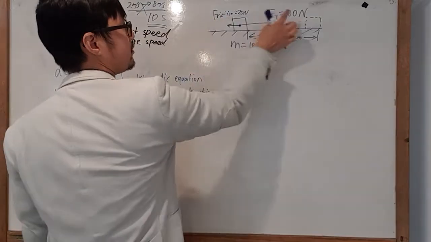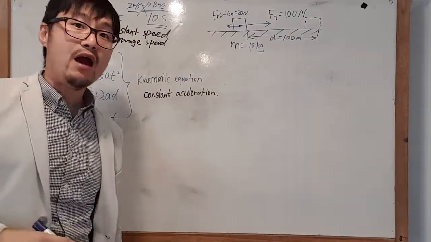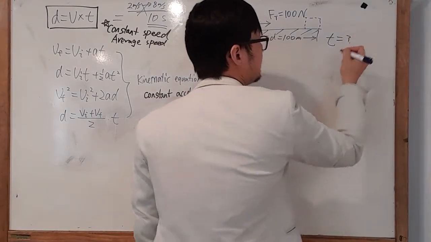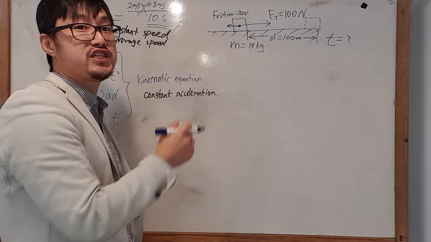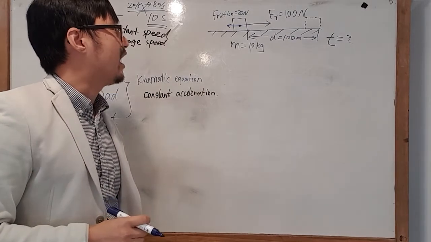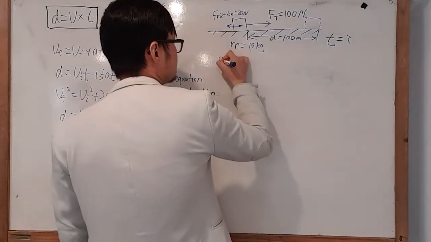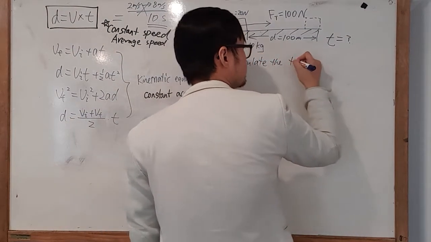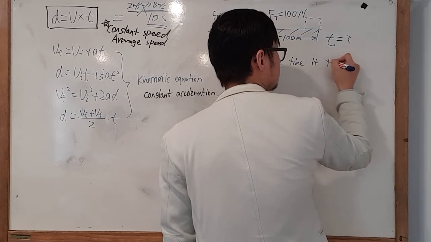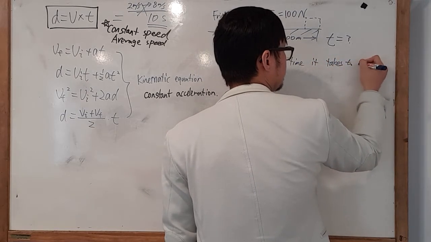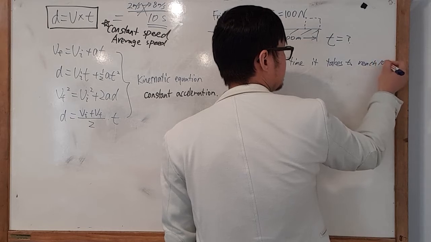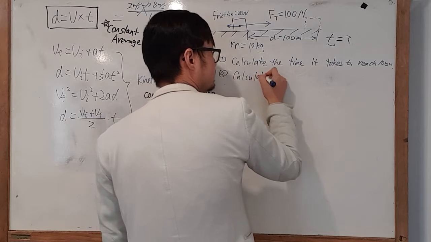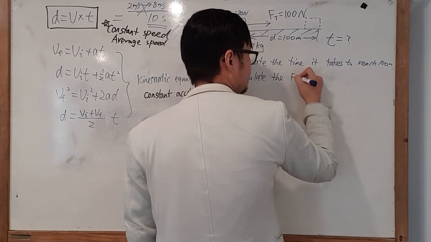So it's giving you four pieces of information. What is it going to ask you? First, calculate the time it takes to reach 100 meters, and second, calculate the final speed.